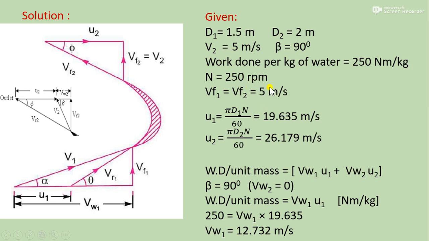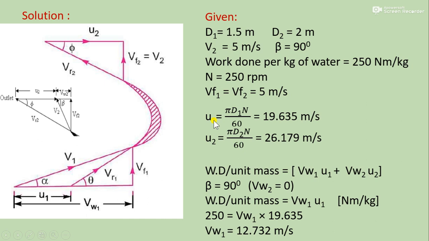Now the important thing: as the discharge is radial, the beta angle is 90 degrees, which means Vf2 becomes V2. So Vf1, Vf2 and V2, all velocities, are 5 meter per second.